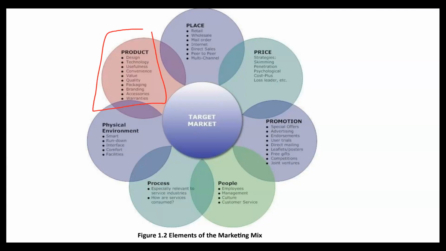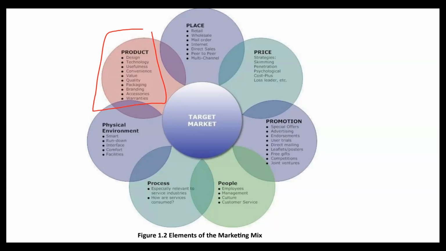What methods, that is the technology, are you going to use to produce that product? How useful is the product to the market or to the people? How convenient is it? What value does it have?